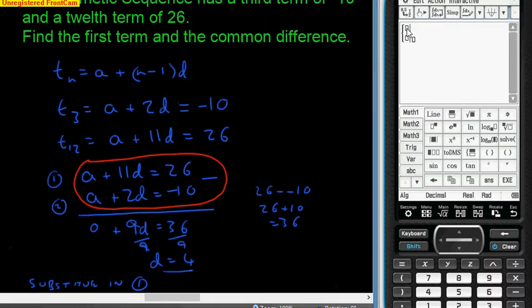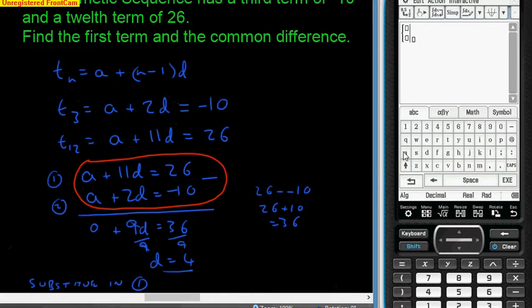In the first rectangle, you're going to put in the first equation, a plus 11d. You could change it to x's and y's, but I'll do it with a's and d's because I've got the ABC just here on the calculator. So my first equation is going to be a plus 11d equals 26.